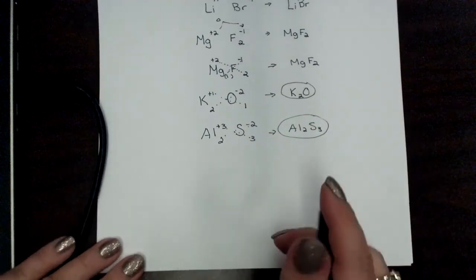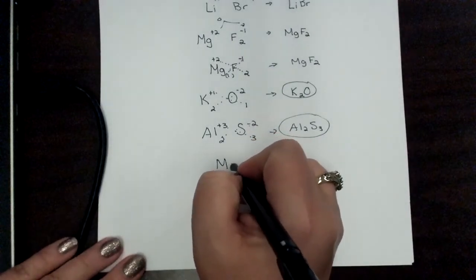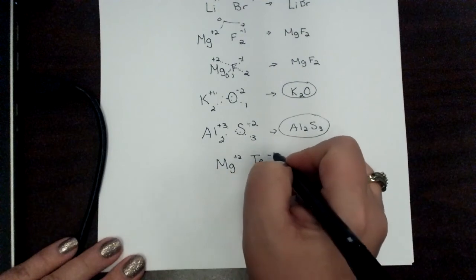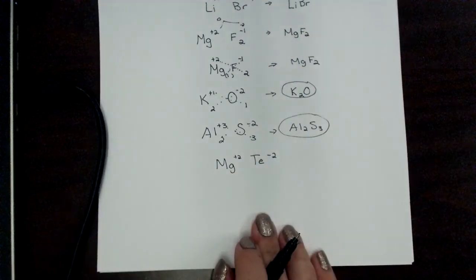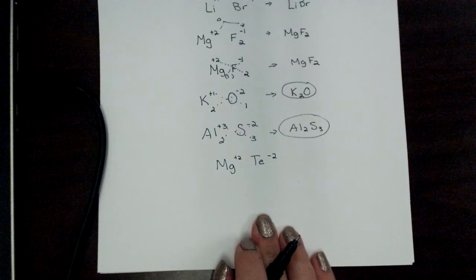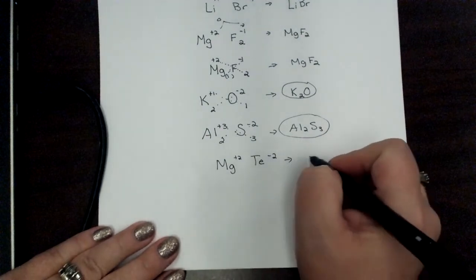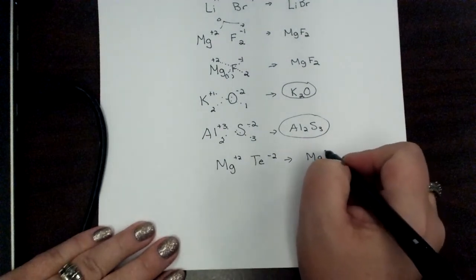All right, so what about this one? Magnesium has a +2, telluride has a -2. Would I crisscross those? I wouldn't have to, because the +2 and the -2 balance each other out. So my answer is MgTe.